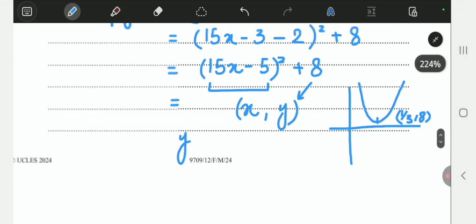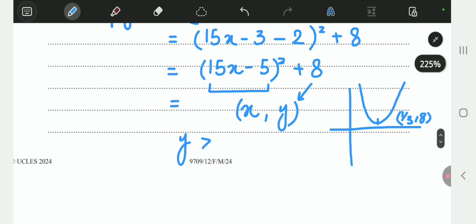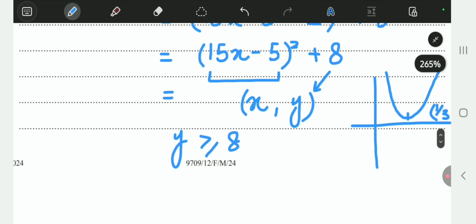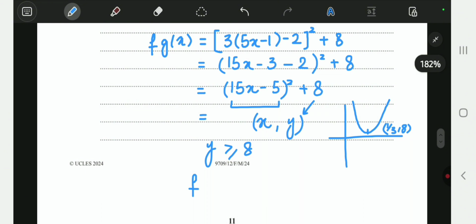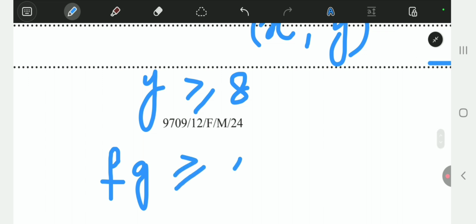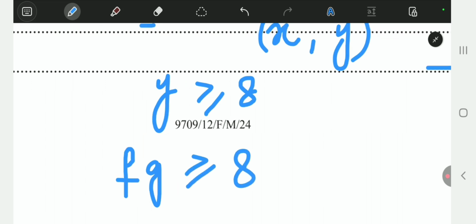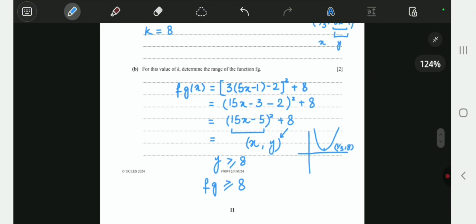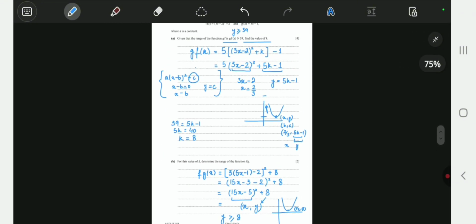So your range is y greater than or equal to 8. It is always better to write the range in terms of the function name, so f of g is greater than or equal to 8. This is your range. Okay, this is all about question 9.